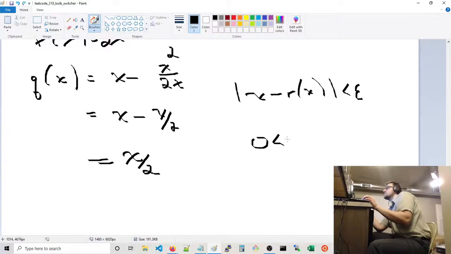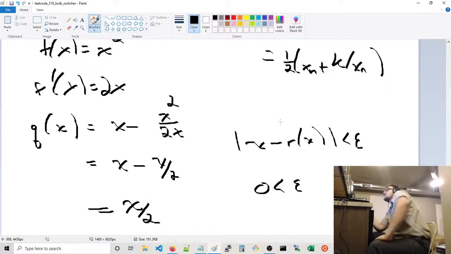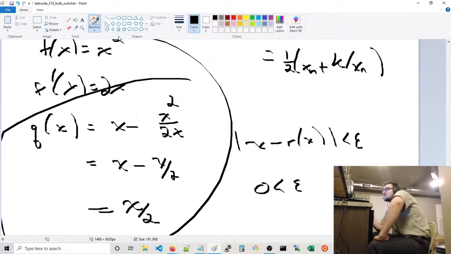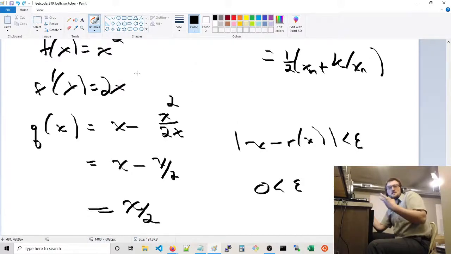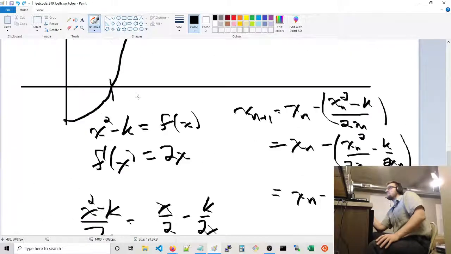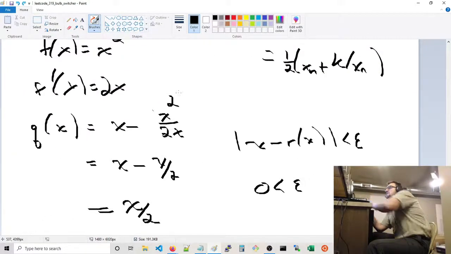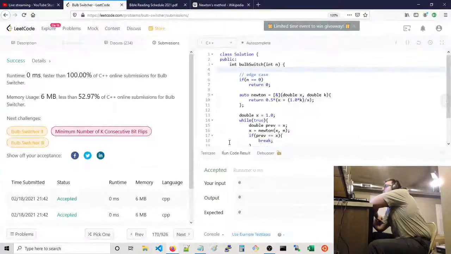You can get x arbitrarily close to the root of x with this function. However, it's never actually equal. It's pretty funny. And so our algorithm would fail here.